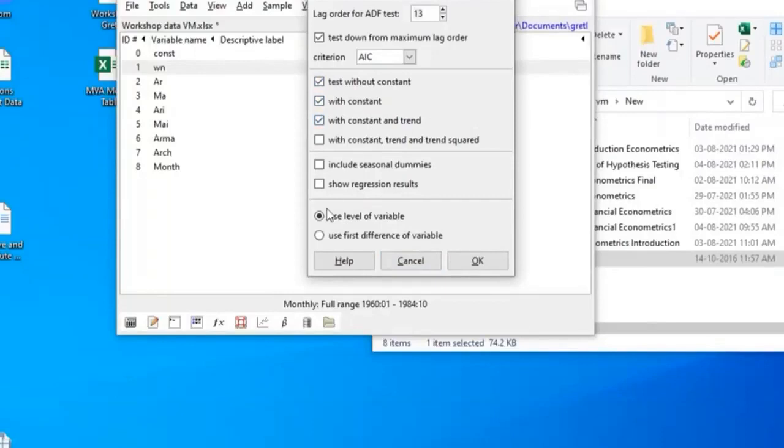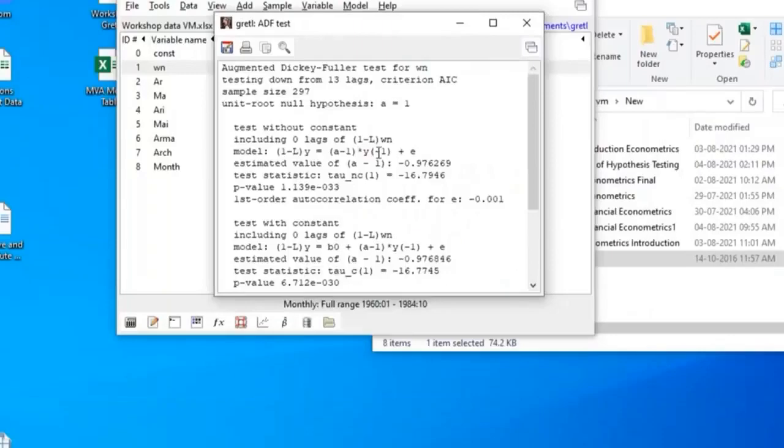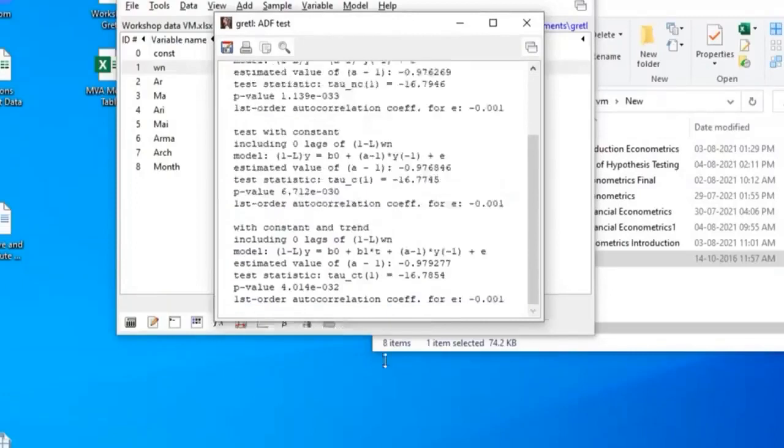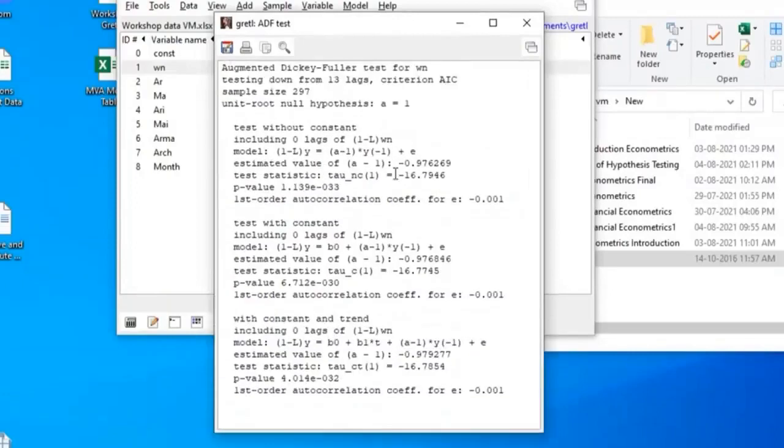Right. So now let us click this OK. Click OK, and we get the result. So the null hypothesis is given, that is a equals 1. A equals 1 means there is a unit root.